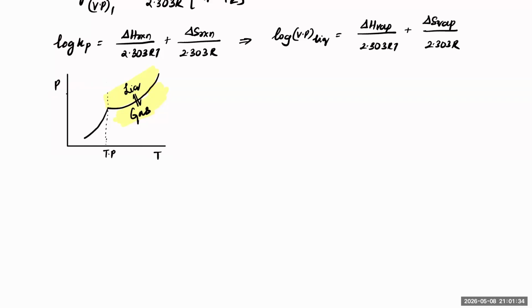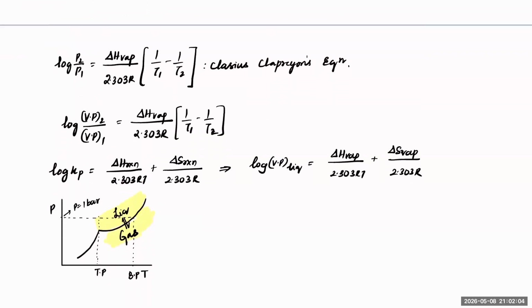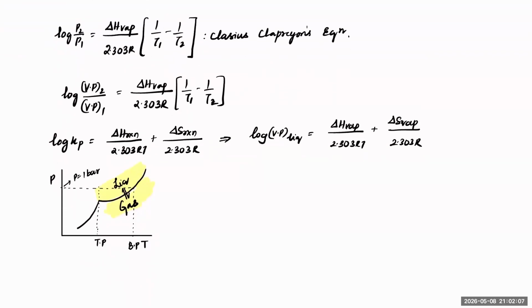And in case you have a particular pressure, typically if the pressure is 1 atm or 1 bar, and then you find a certain temperature at which liquid and gas are at equilibrium, that will become the boiling point of the liquid. So this is typically how the graph looks. Please check how to represent Clausius-Clapeyron's equation and so on.